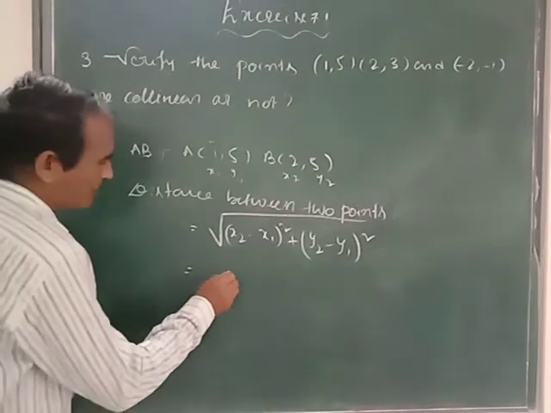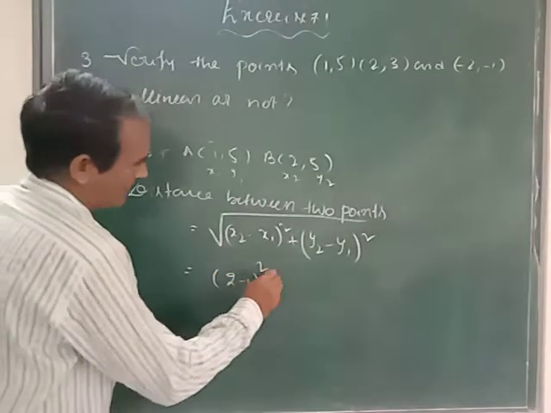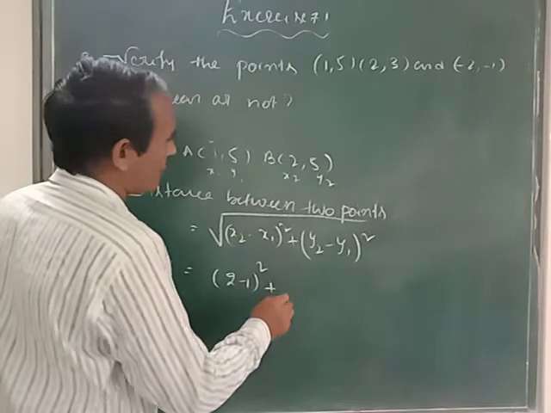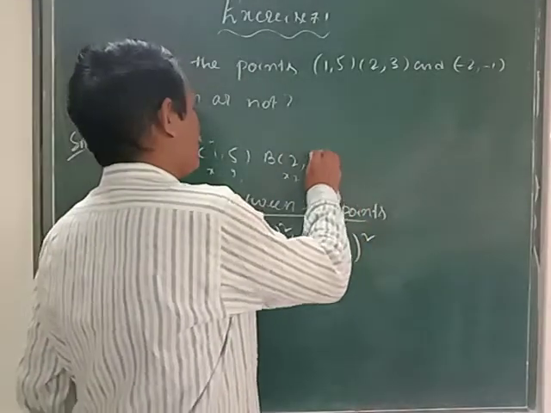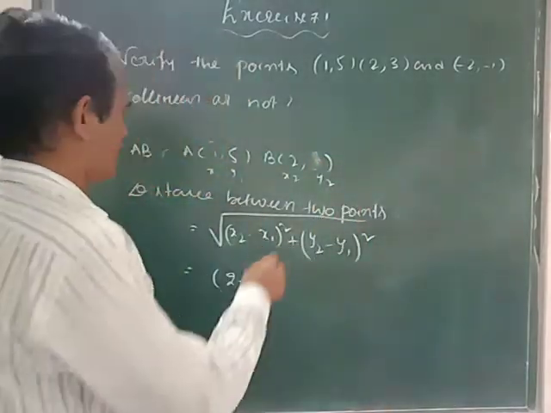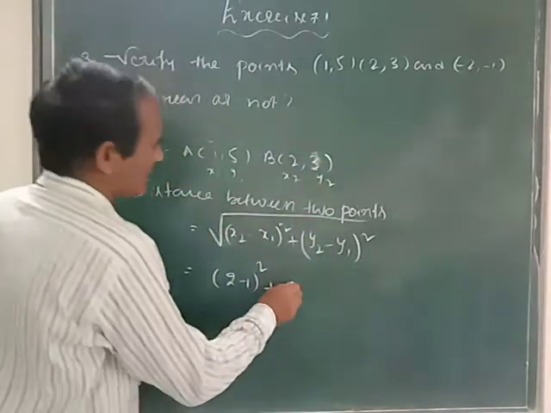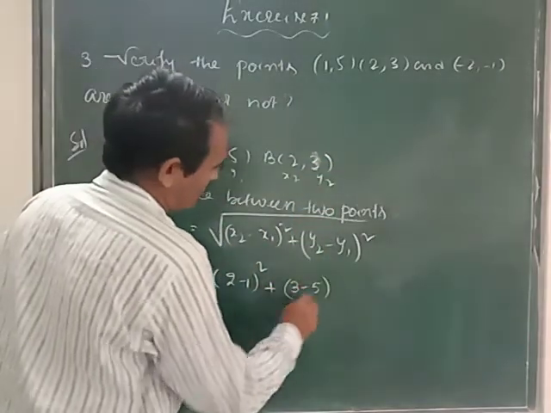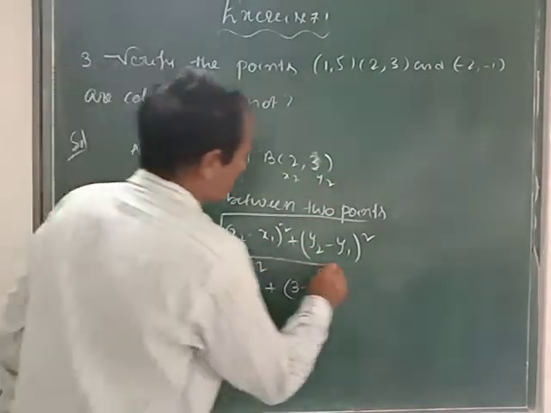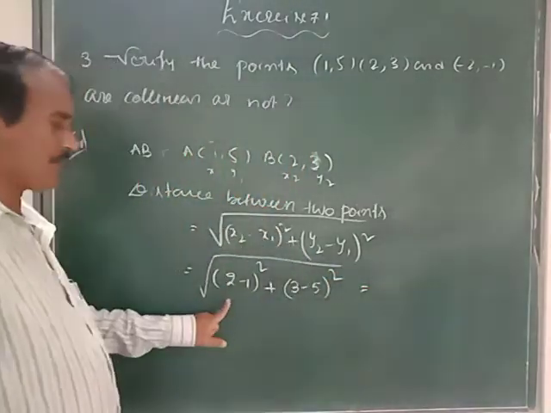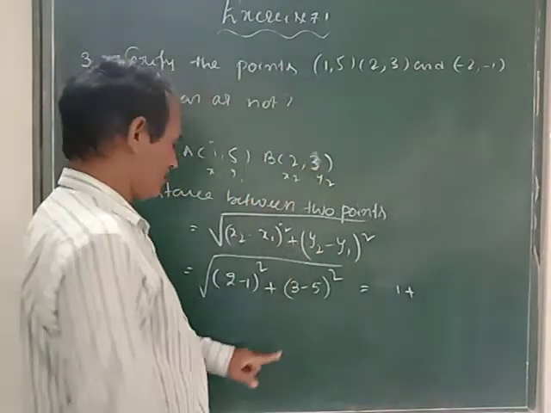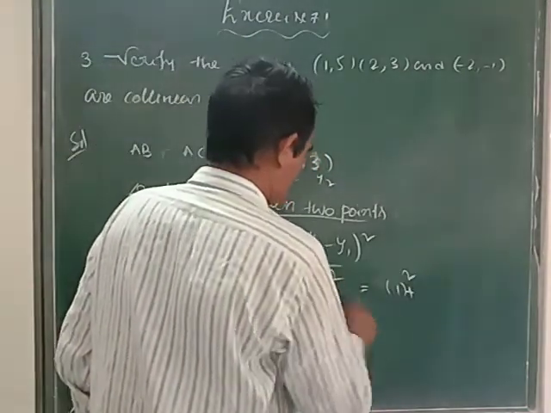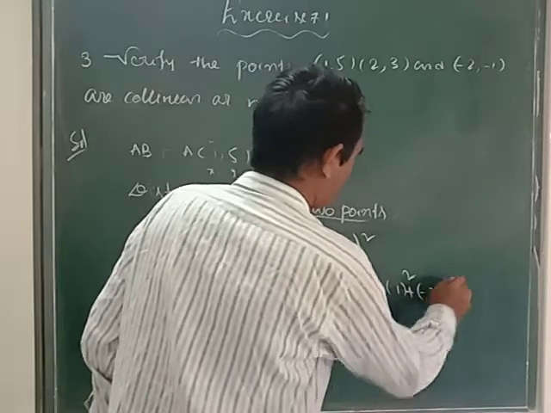And what is x2? x2 is 2: (2 minus 1) whole square plus (y2 minus y1). What is y2? (1, 5). Sorry, (2, 3). (1, 5). (3 minus 5) whole square. This is (2 minus 1) whole square, 1, plus (3 minus 5) whole square, that is 1 square plus (minus 2) whole square, right?